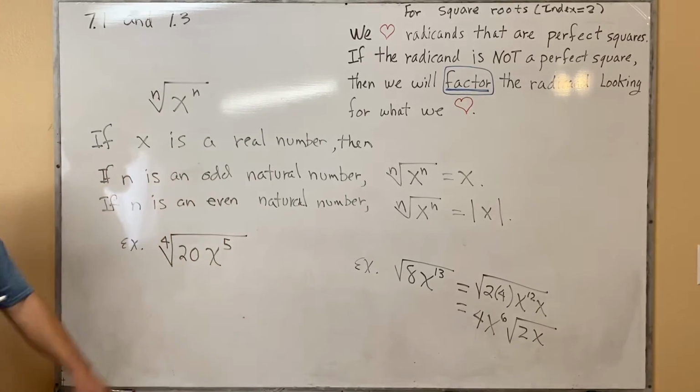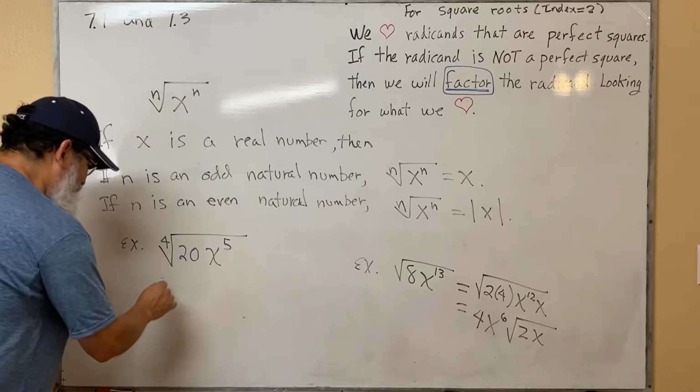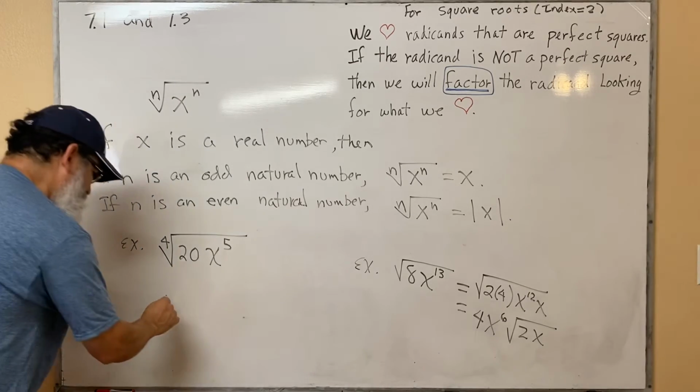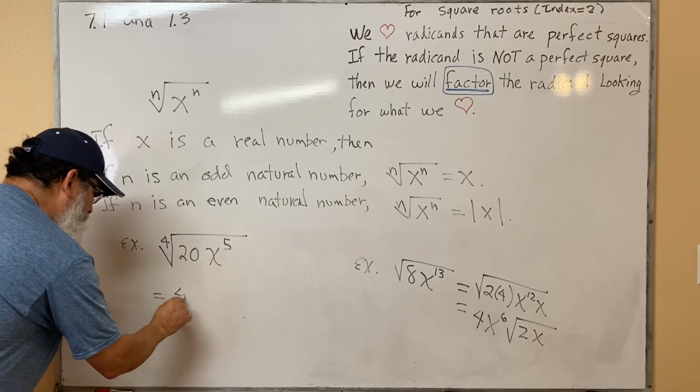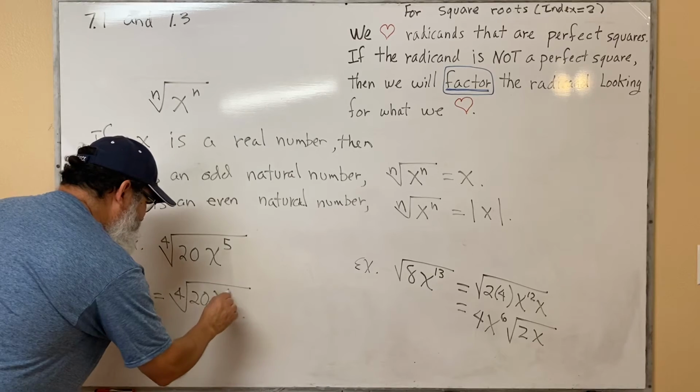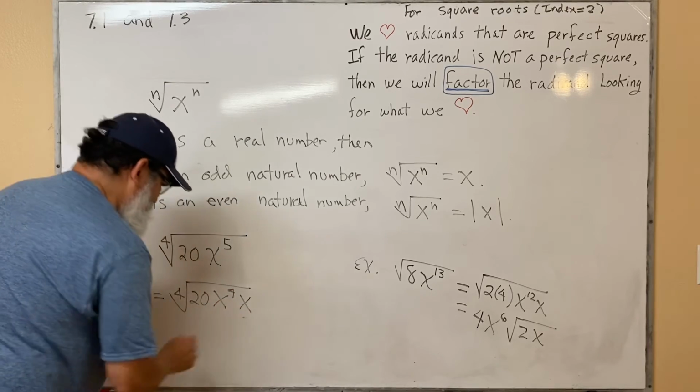This is going to apply here. Now we're looking for a number to the 4th power. So this equals the 4th root of 20 times x to the 4th times x.